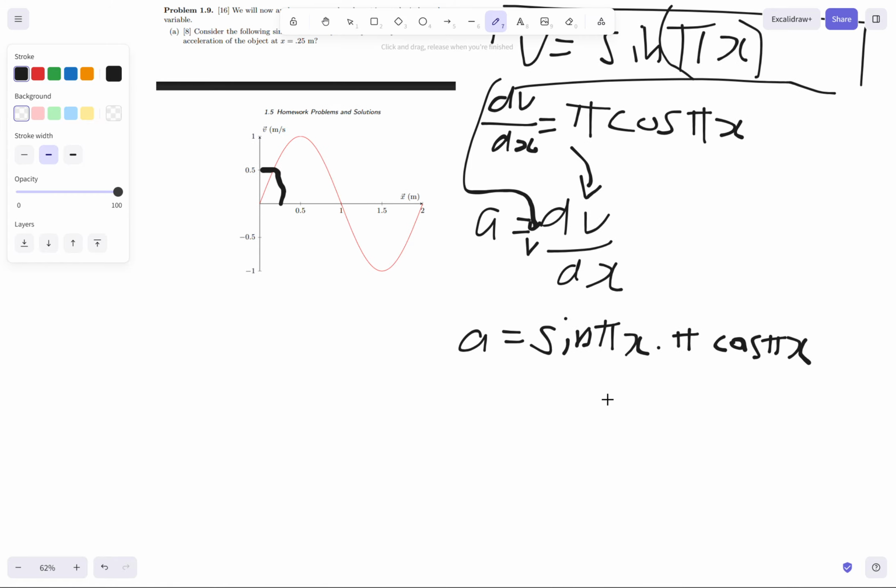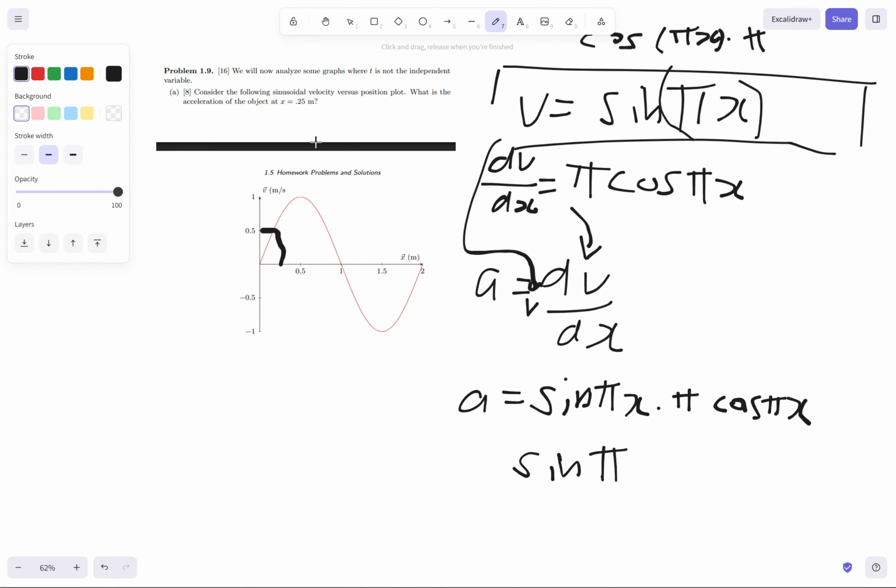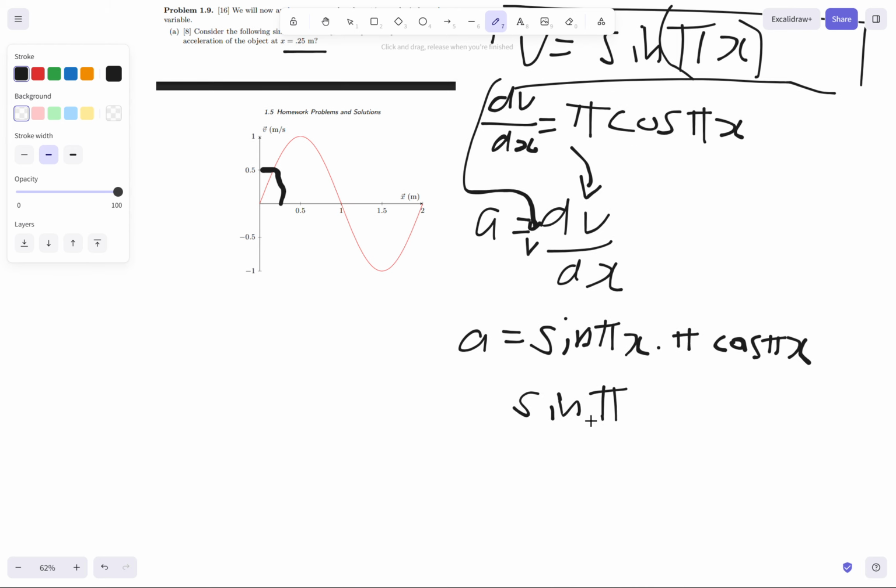So what do we get? Sine pi x, where x is 0.25, and we know it's 0.25 because it says here. So sine pi over 4 times pi cosine pi over 4.